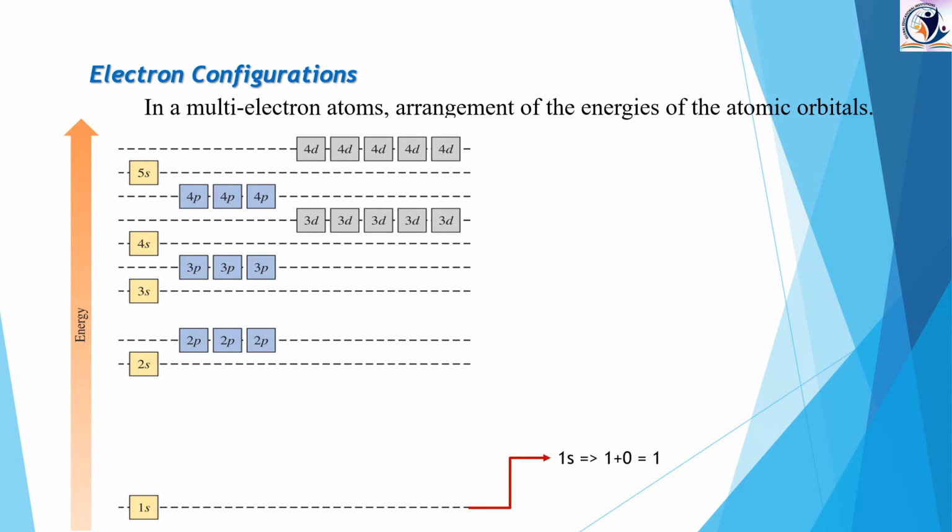So 1s in the sense 1 plus, what is the L value of s? 0. So 1 plus 0, it is 1. That means its energy level starts from 1. Let us see for 2s. 2s in the sense 2 plus 0 is equal to 2. Now coming to 2p. 2p in the sense 2 plus the p value, which is 1, that is 3.